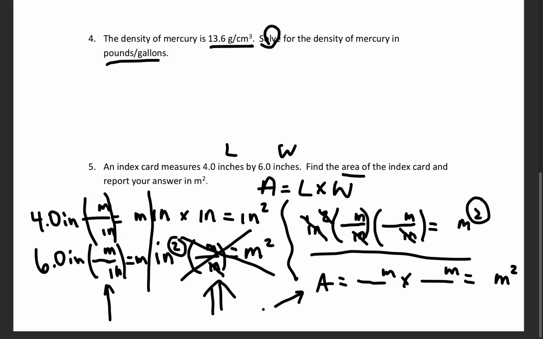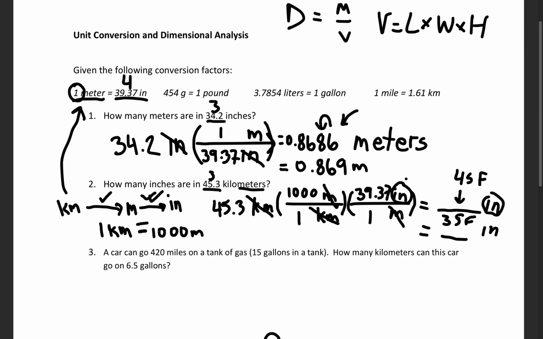But if you're going to do it this way, you need to be savvy enough that you know that if you have a square unit, you have to convert it twice. But either way, and I'm not showing you how to do this problem, remember, you have 2 significant figures here for inches, but up here, you have 4 significant figures.